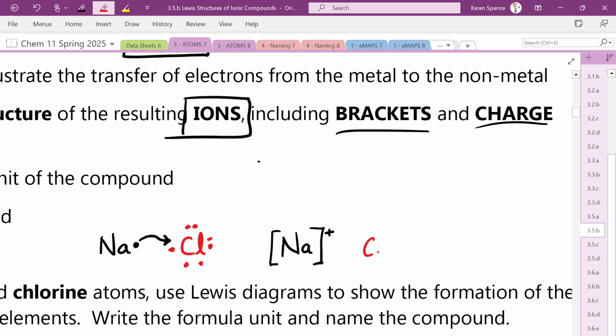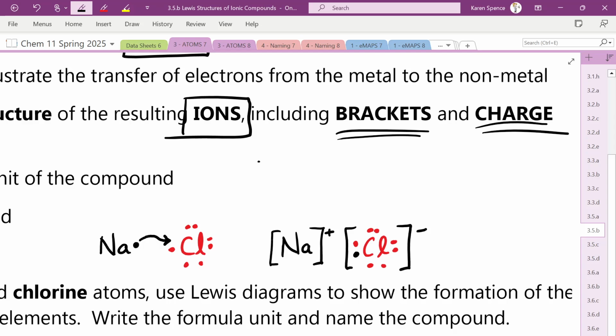How many electrons now? 8. 1, 2, 3, 4, 5, 6, 7, and now we have 8. We also need to have the brackets and charge. Minus. There we go. I'm going to show you right now what people do wrong. Okay?